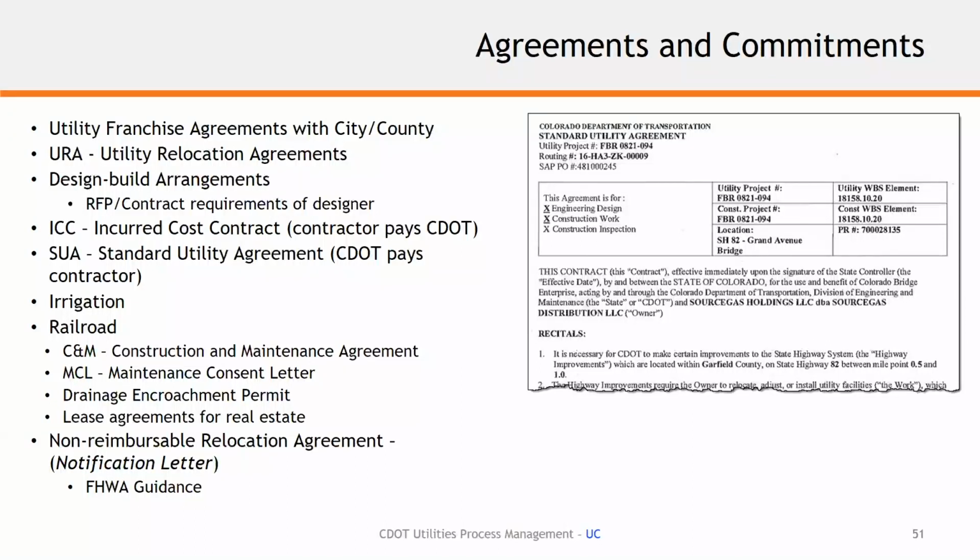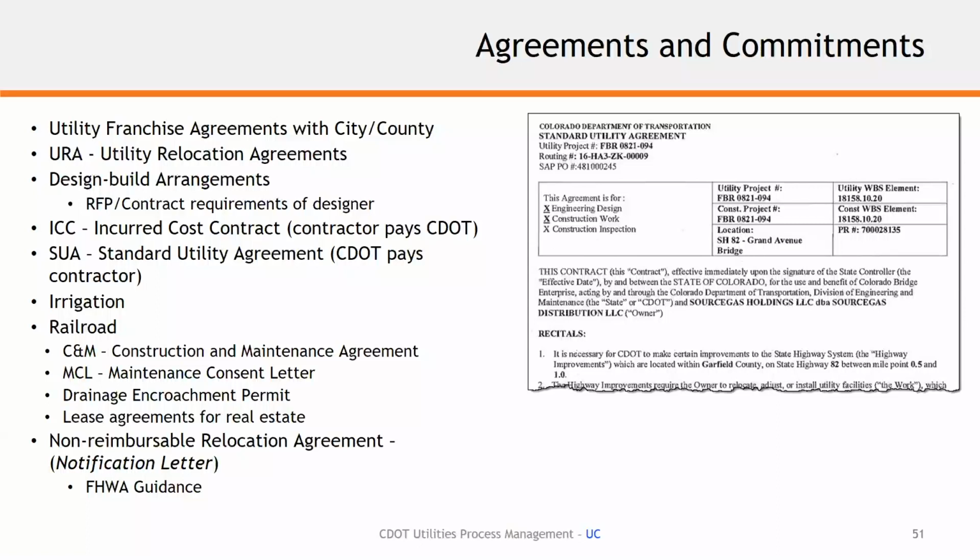And then the standard utility agreement is when we're scheduled to pay utility companies for eligible relocation costs, which include design, construction, and inspection and as-builting of their facilities. And so typically this SUA is executed with the understanding the utility company will move forward with the relocation of their facilities with their own contractor, and they will take care of that, and we'll just pay them for the relocation.